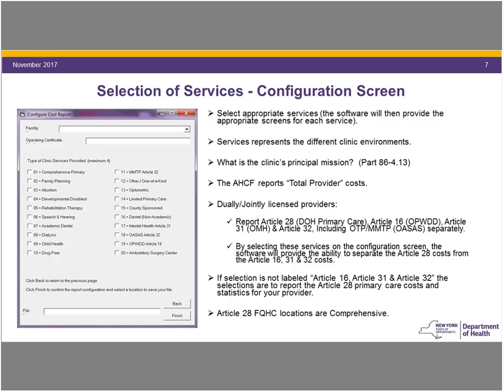You will notice that there's an MMTP, it says Article 32. We have mental health, Article 31, OASIS, Article 32, OPWDD, Article 16. So that is where you would report your dually or jointly licensed provider data. Every other category is Article 28 costs and gets reported within that selection.